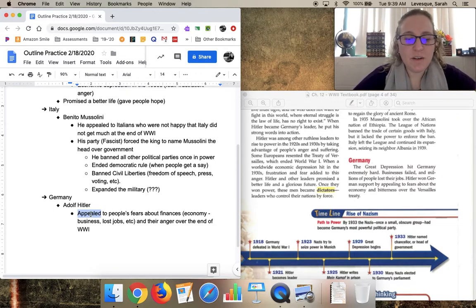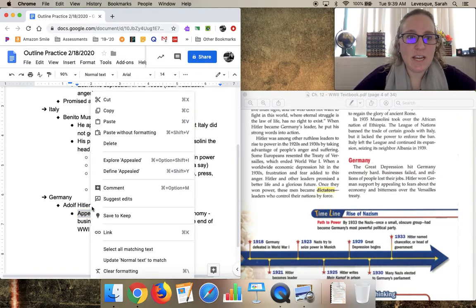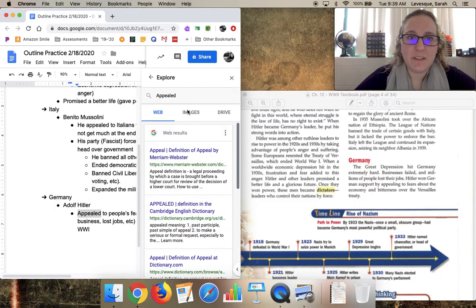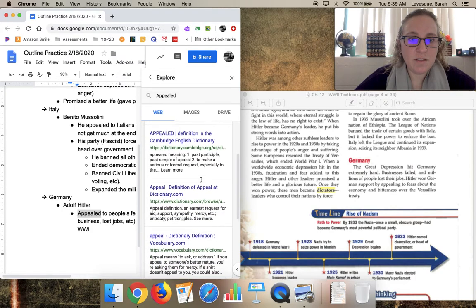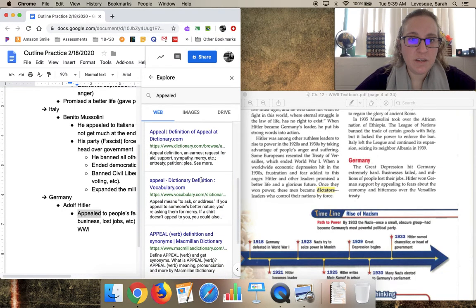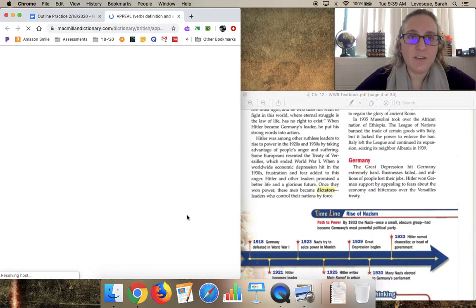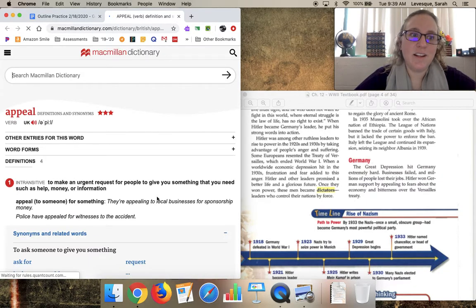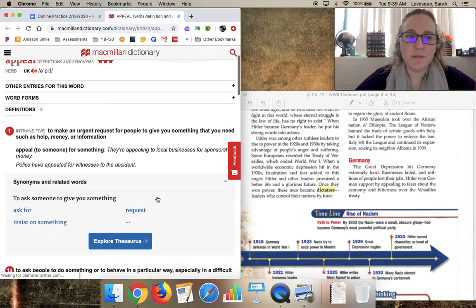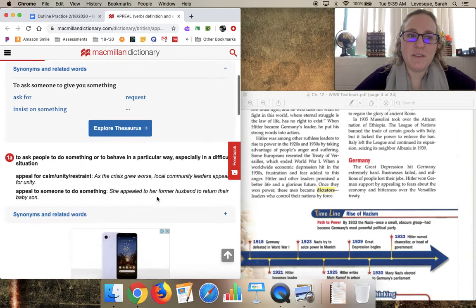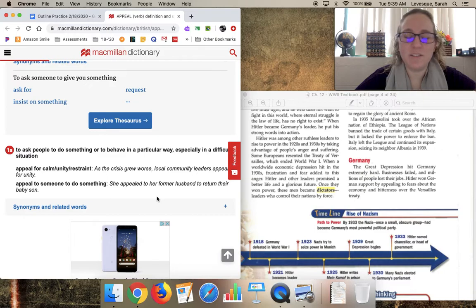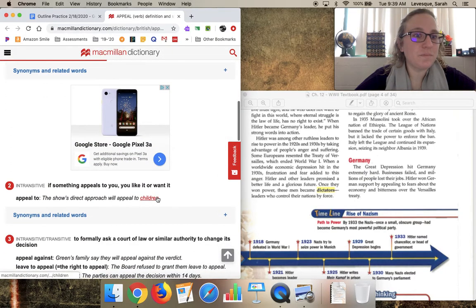You can always highlight a word and you can explore the word. And sometimes you can find synonyms. I love using synonyms because sometimes when I'm writing, I find that I'm super repetitive and I use the same word over and over again.